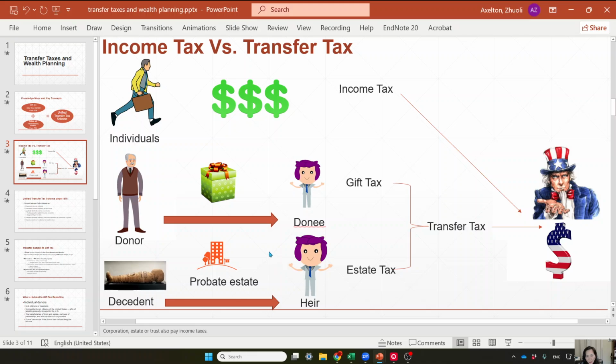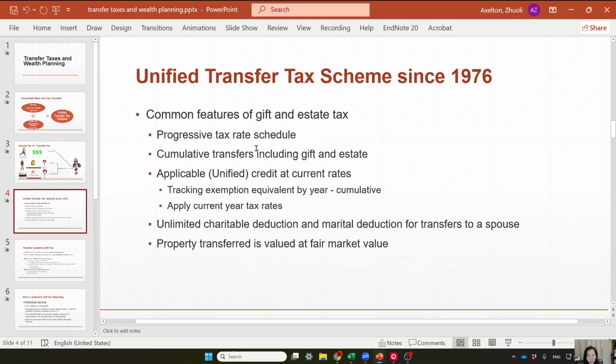So in both cases, there is a property transfer event. And generally speaking, the donor and the decedent, or the transferor, is responsible for the tax triggered.